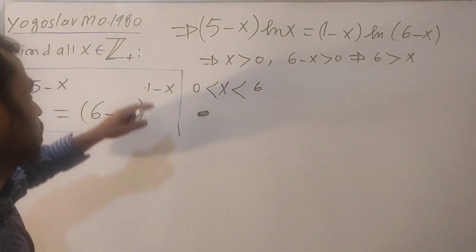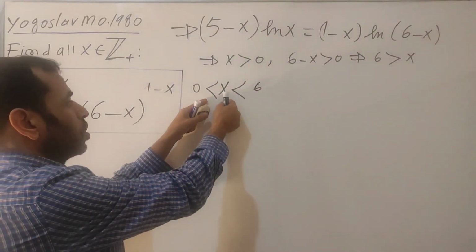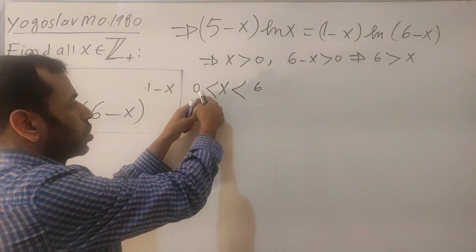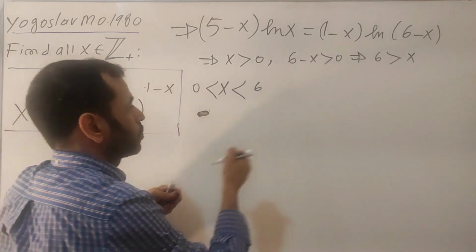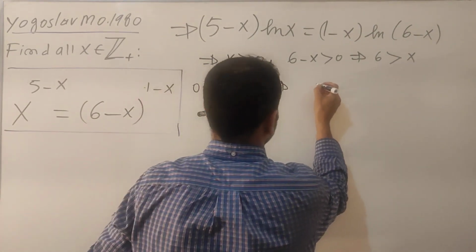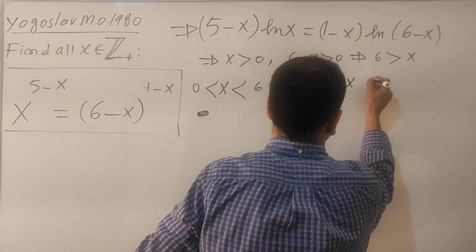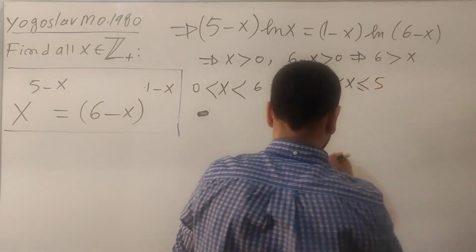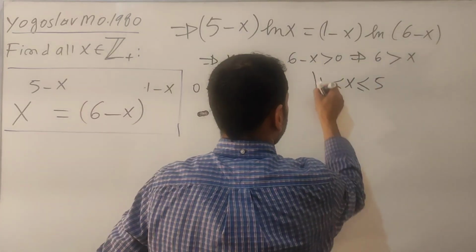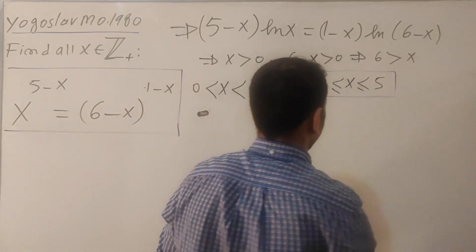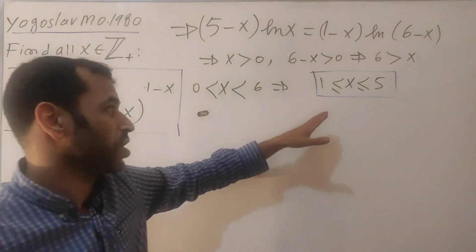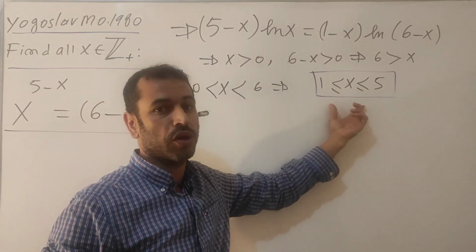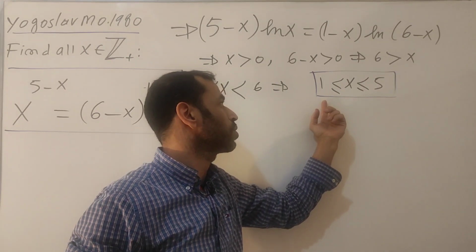Since we are dealing with positive integers, we include 1 and 5, so x must live in the interval from 1 to 5, including 1 and 5. We have determined the range of x.